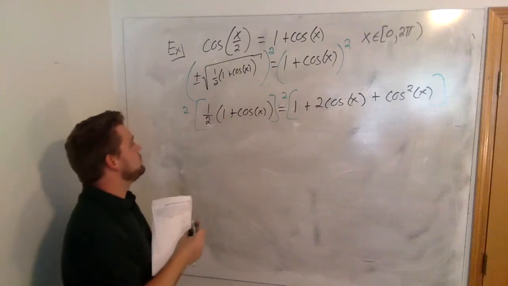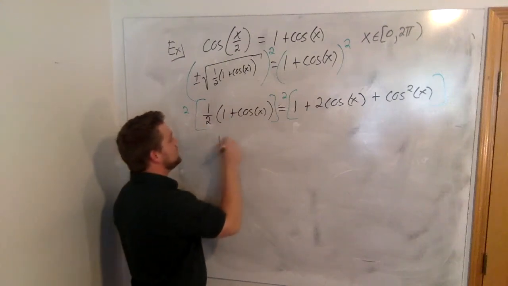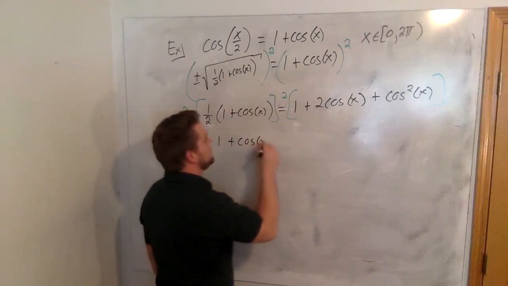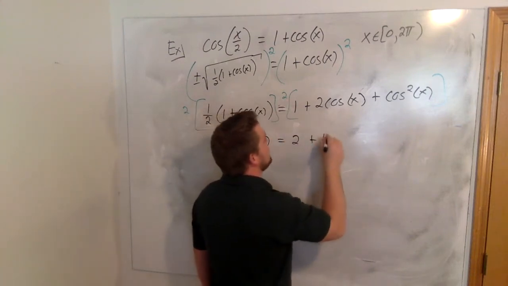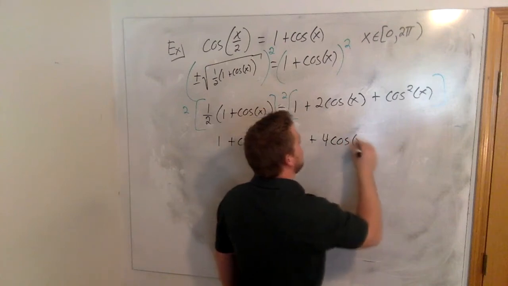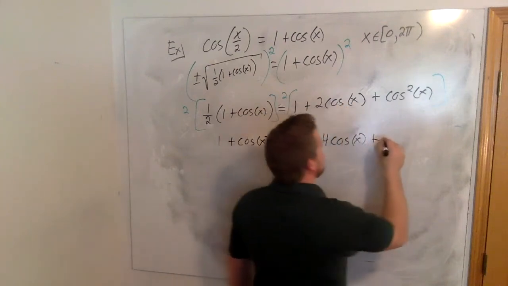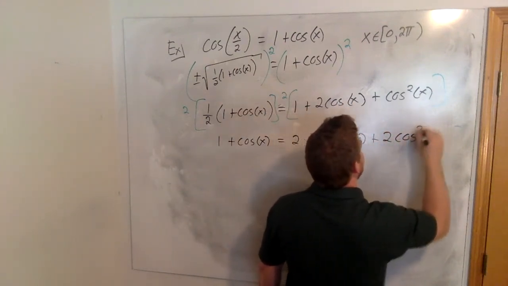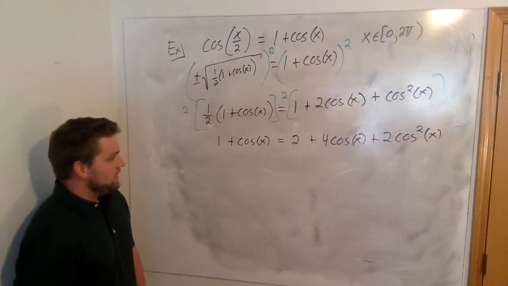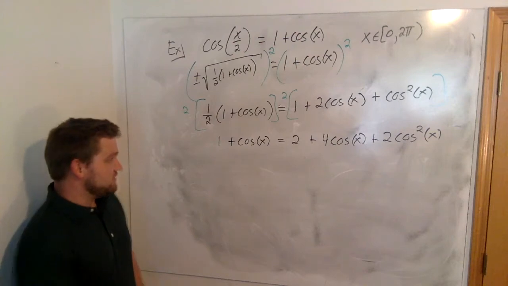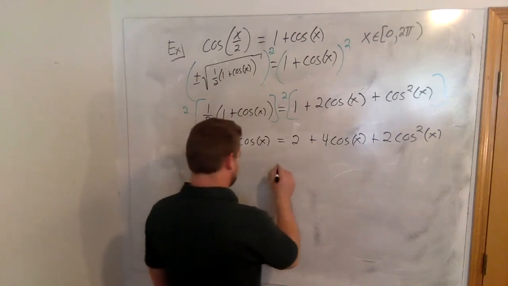Okay, so if we multiply both sides by 2, we'll get 1 plus the cosine of x, and that'll be equal to 2 plus 4 cosine of x plus 2 cosine squared of x. Okay, so since this is a quadratic, let's move everything to one side.